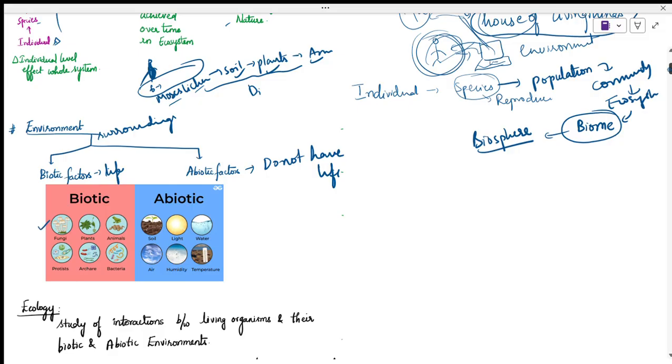Fungi, plants, animals, protista, archaea, bacteria are biotic. Abiotic will be divided into two types. We'll be looking at soil, light, temperature, air, humidity, water.